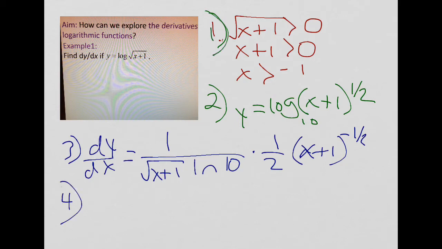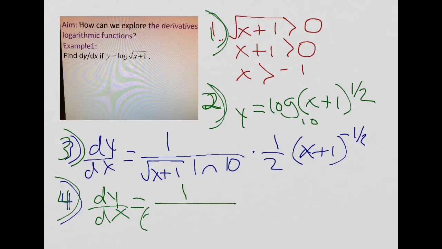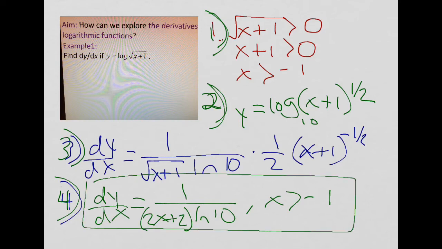So find out what x can be, rewrite your function, use your rule for derivatives, and simplify your answer. Make sure you have your full answer, which includes that x is greater than -1. Logs have a restriction of their domain, so make sure that you include that in your answer. Okay, we have 2 more examples we're going to do, so let's go.